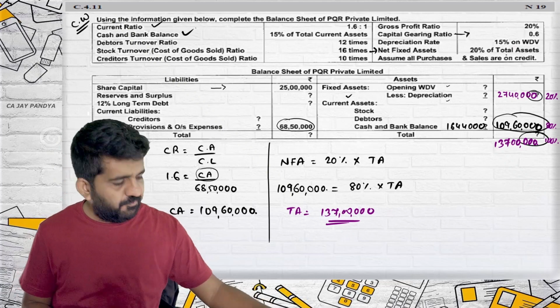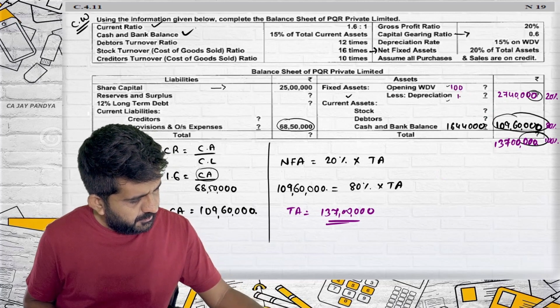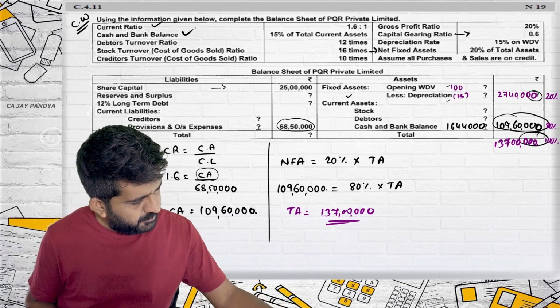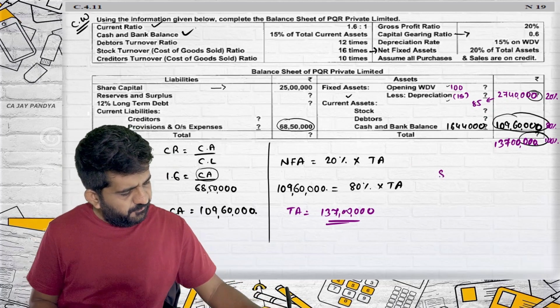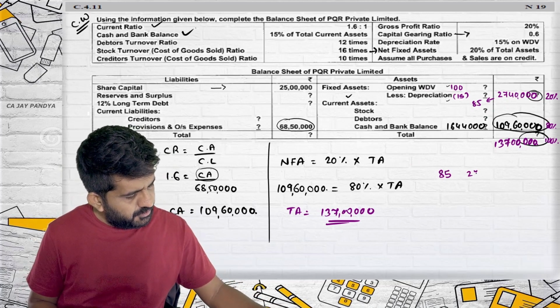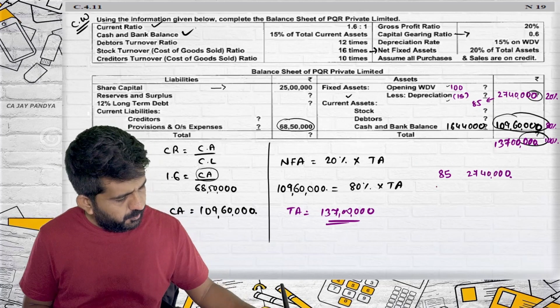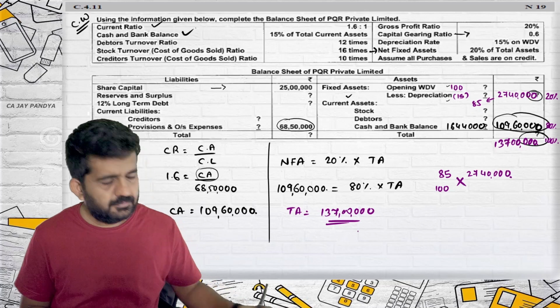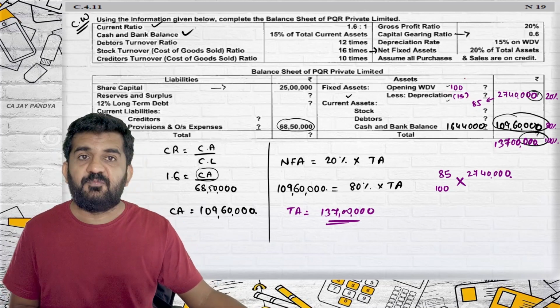Depreciation rate is 15%. So if this is 100, this is 15, this will be 85. So if 85 is 27 lakh 40,000, what will be 100? I have just done cross multiplication over here because I know this is 15 of this.